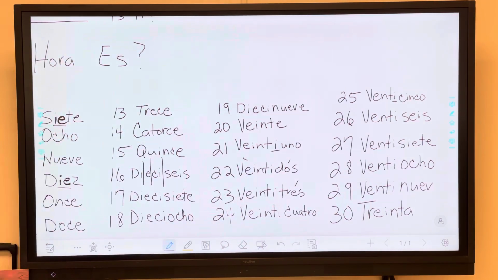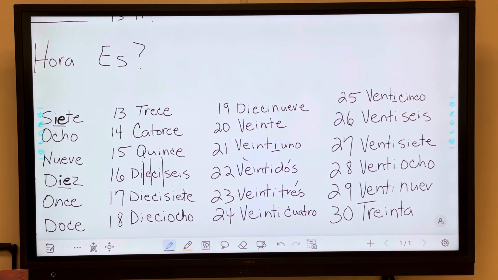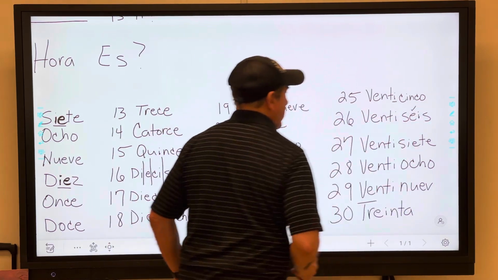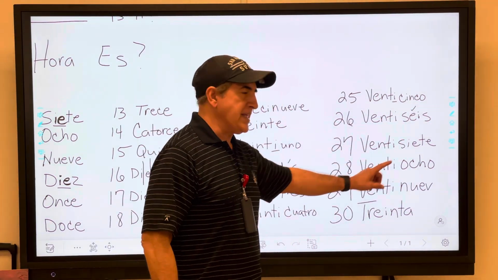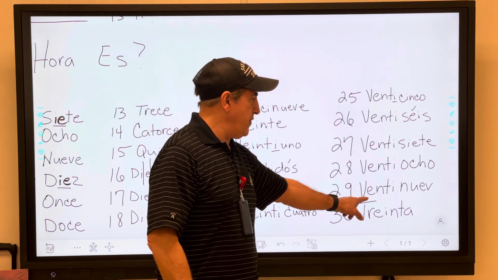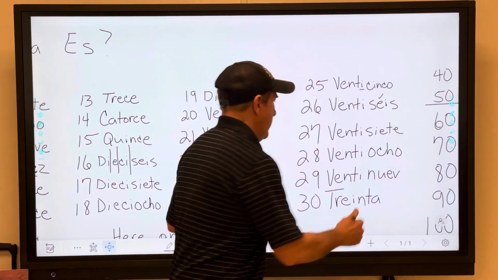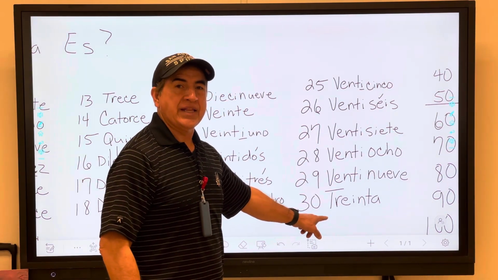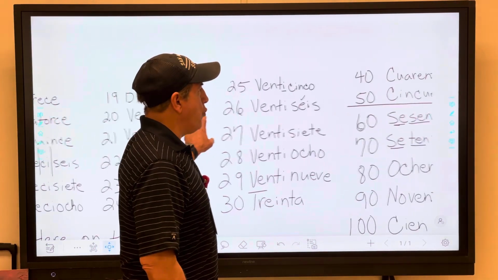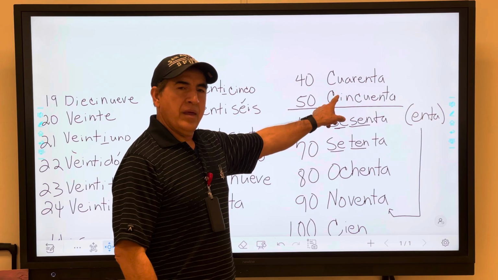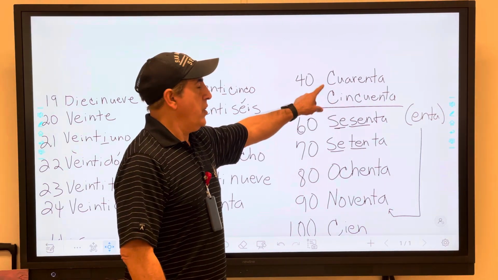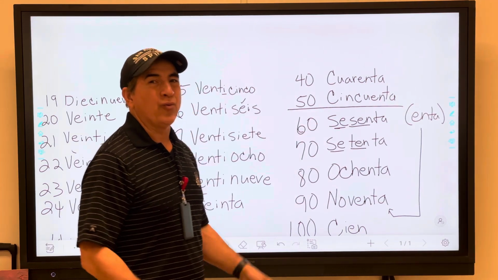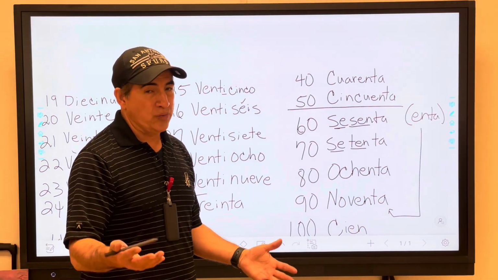Let me double check my spelling. Over the E. 27, 28, 29, and 30. Let's stop at 40. Excuse me, let's stop at 50. 40, 50. Okay, we need to know how to spell this word as well.